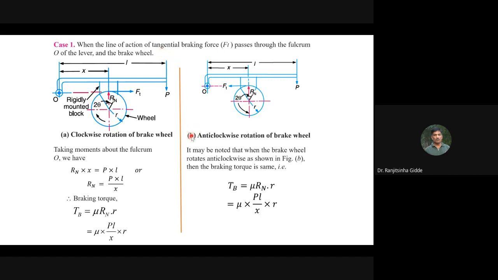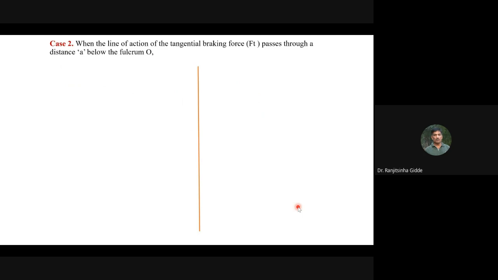So there is no change in the braking torque or whatever calculation we are going to do. Okay. Now second case. When the line of action of the tangential braking force Ft passes through a distance a below the fulcrum.